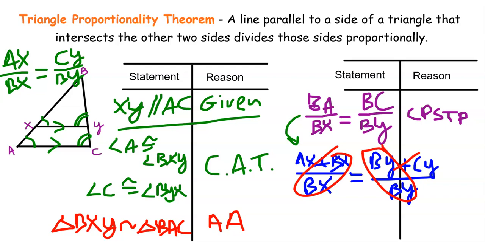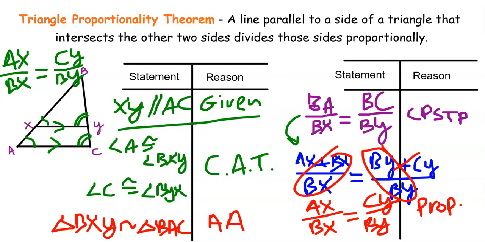So those effectively cancel out. Those ratios are equivalent to AX over BX being equal to CY over BY, because this is a property of proportions. So there we go. That is the proof of the triangle proportionality theorem.